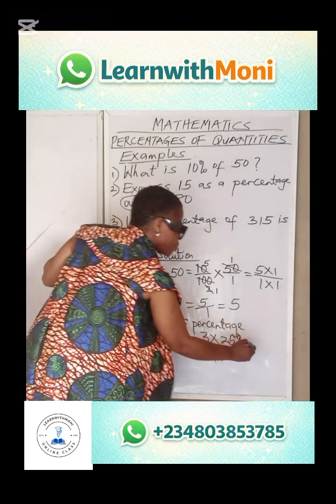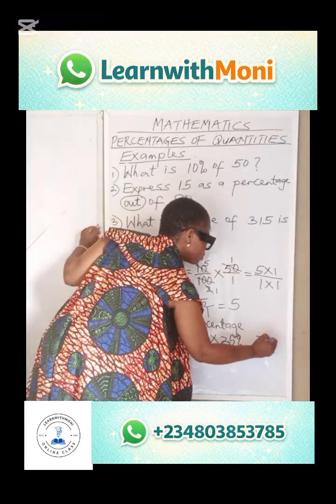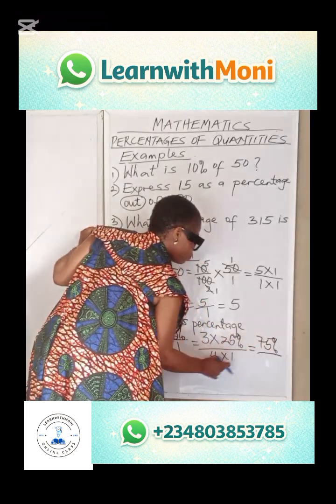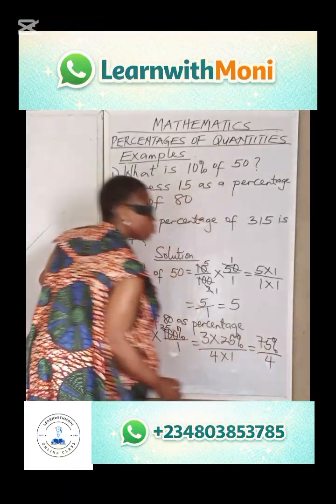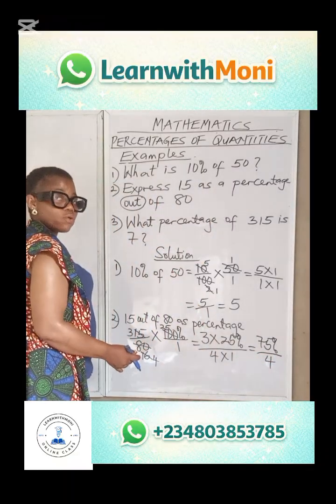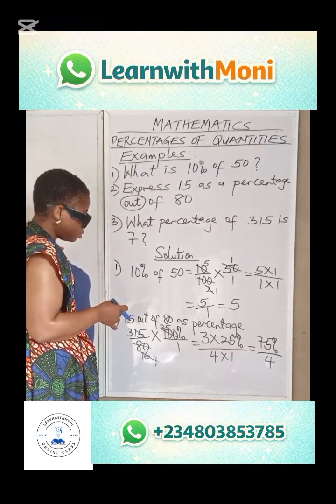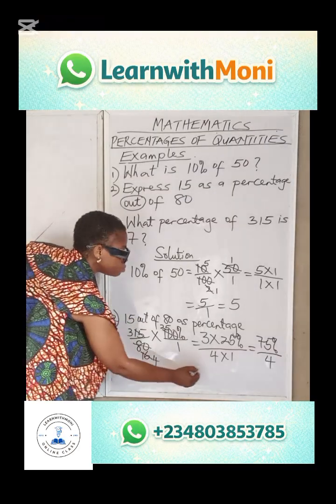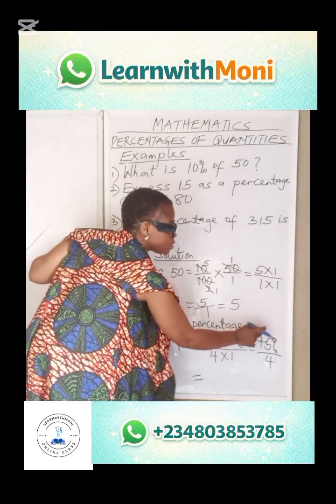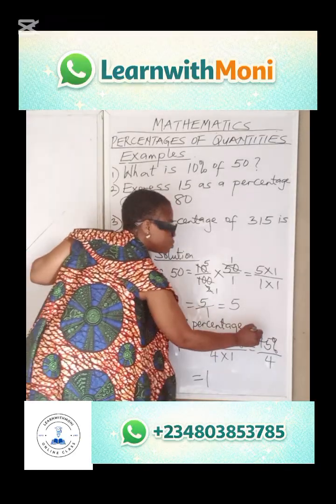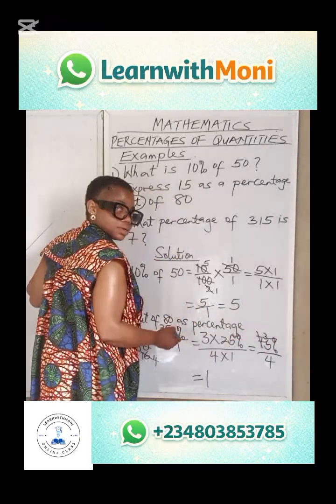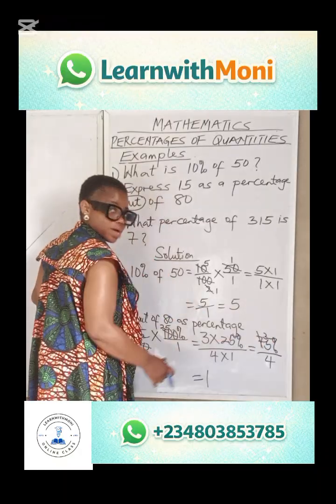3 times 25% is 75%. Over 4 times 1 is 4. So we have 75% over 4. We can change that into a mixed number where we have how many 4 in 7? That is 1, remainder 3. Putting that 3 in front of this 5, you have 35.